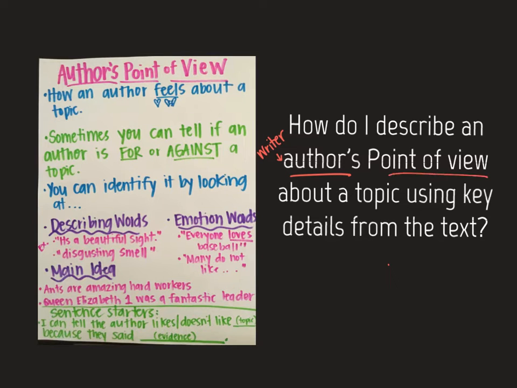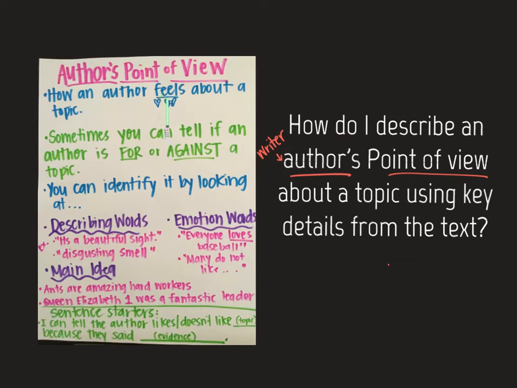So let's talk about point of view. All right. Well, we know point of view is what an author thinks or feels about a topic. And I put in our anchor chart right here, you can see that I put a heart here, and I also put a broken heart because sometimes an author can love something, or maybe they don't love something.